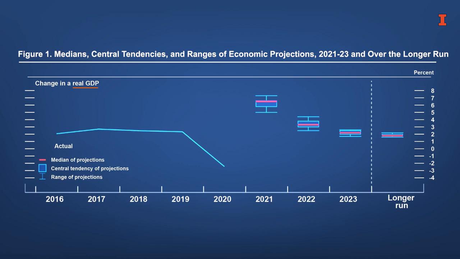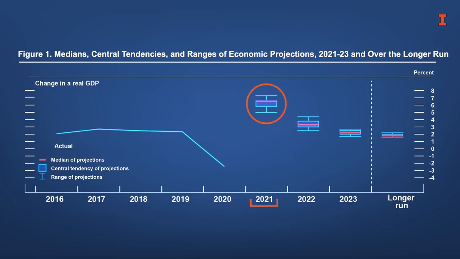Let's have a look at the Summary of Economic Projections from March 17, 2021. At the time, the economy was reeling from the COVID-19 pandemic. Here's the chart for changes in real GDP. This is GDP growth accounting for inflation.